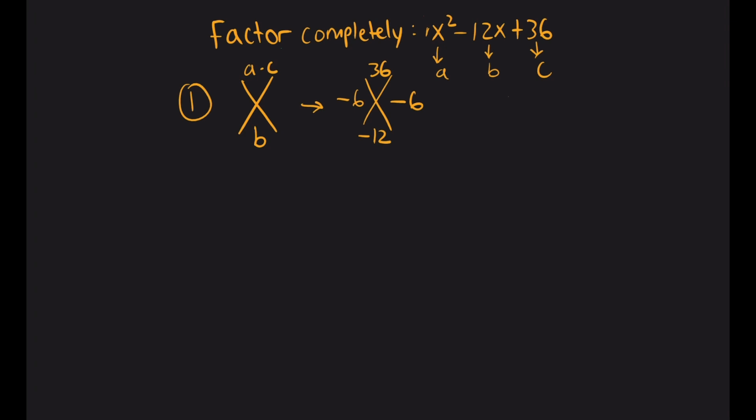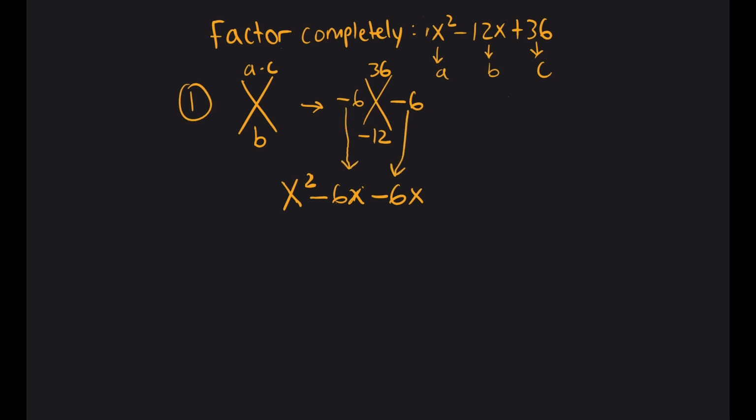So knowing that, now I can rewrite this as x squared. Now instead of the negative 12x, it will be negative 6x minus 6x. So I'm going to write these two values down here.